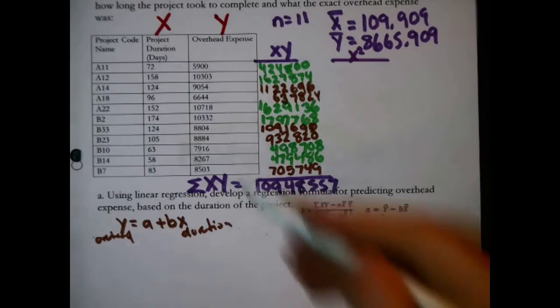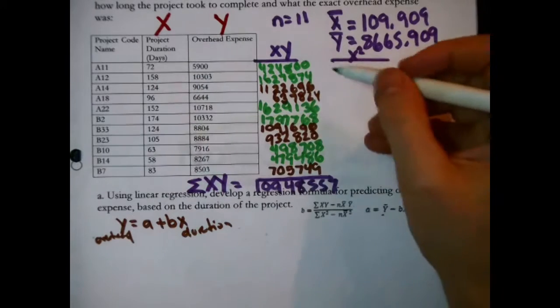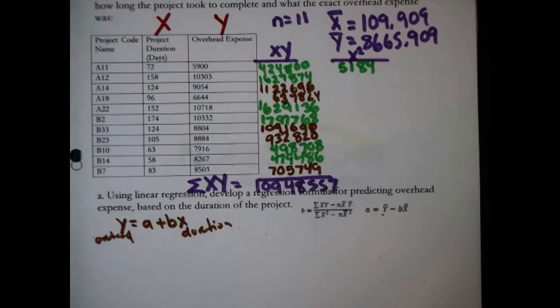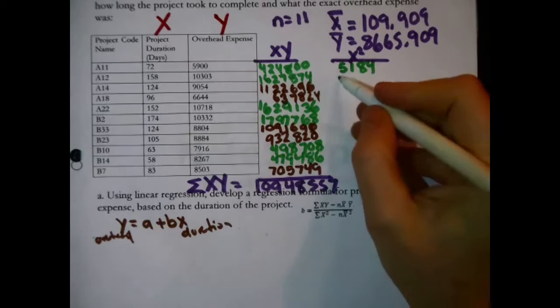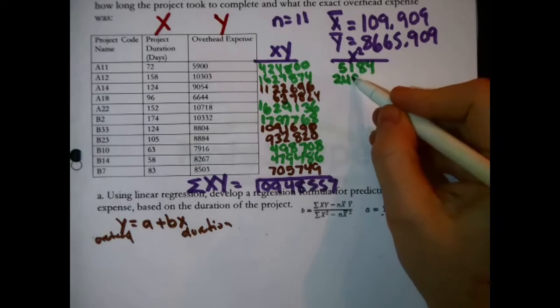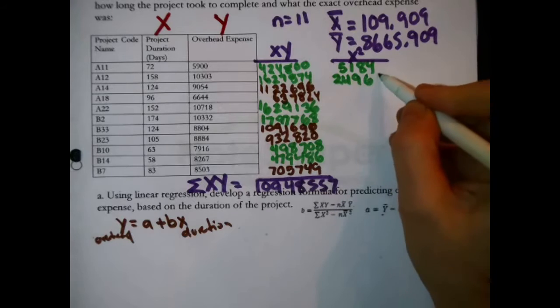Okay, so if you say 72 squared, I get 5,184. Just jot it down. And then, for instance, 158 squared, 24,964.